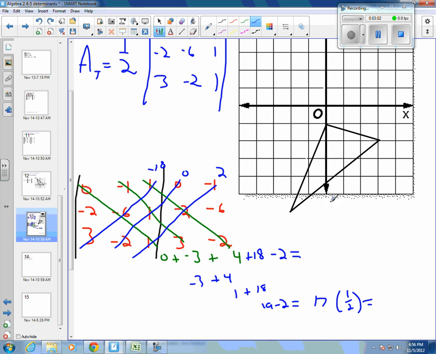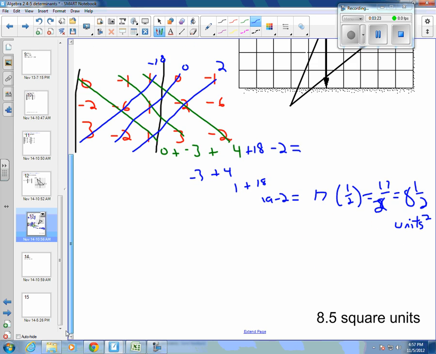So the area of this triangle right here is 17 halves. And 2 goes into 17 8 times with 1/2 left over. So the area is going to be 8.5 units, whatever units we have, squared, because area is a squared thing. And there I have my answer. I did get 8.5 square units.